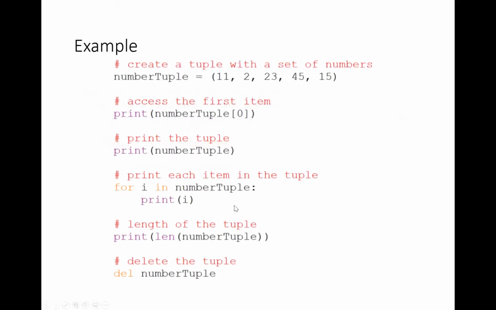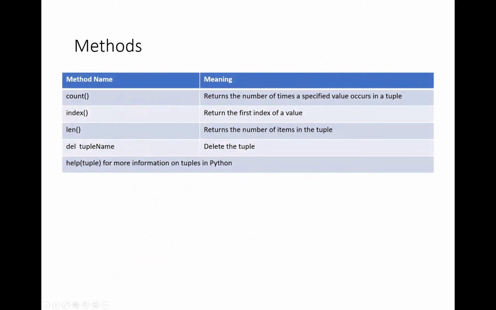Right, so that's about the tuple. Here are some of the methods. The count method gives you how many times a particular value appears, like count 1 will count the number of times 1 appears. Then you can get the index: you can check a particular value and from there infer the index.